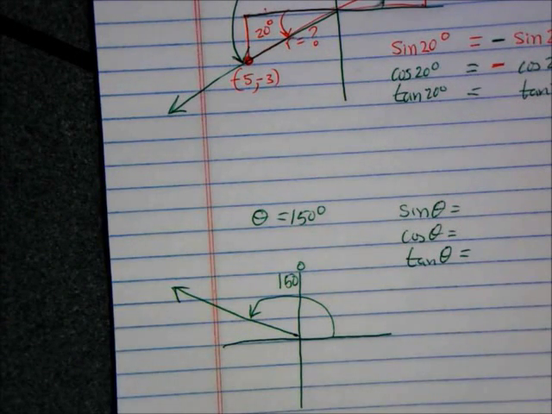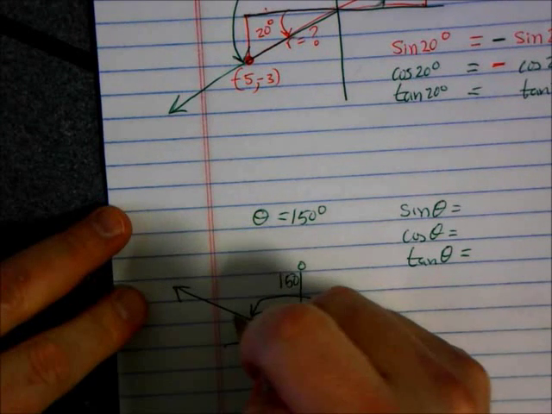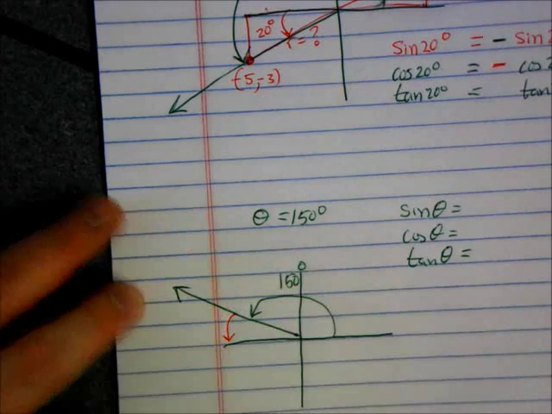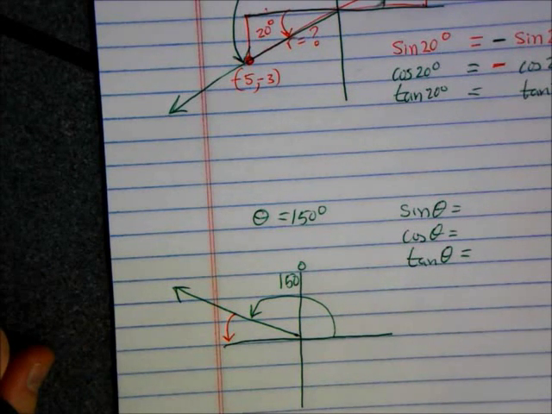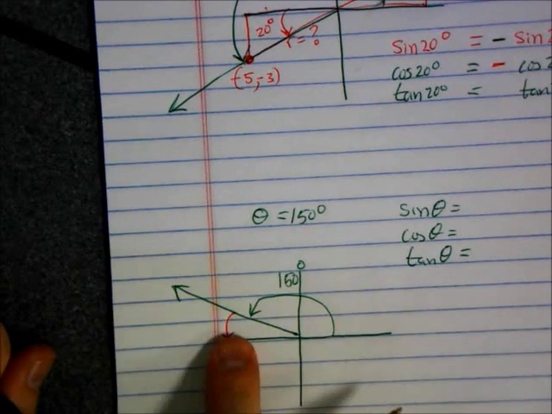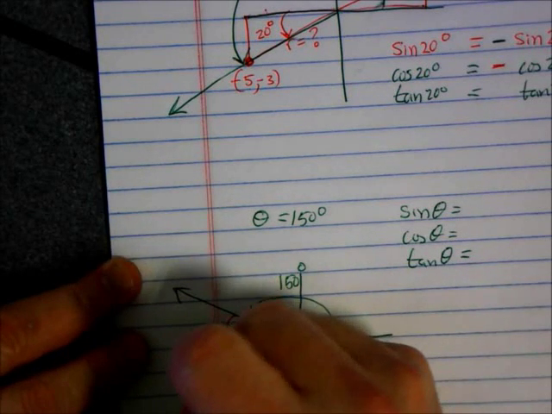So what's the reference angle? 30 degrees. The reference angle would be this one. Why is it 30 degrees? Because 150 plus 30 would get me to the axis. That would be 180 degrees.